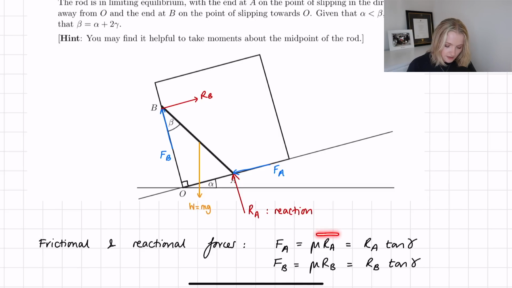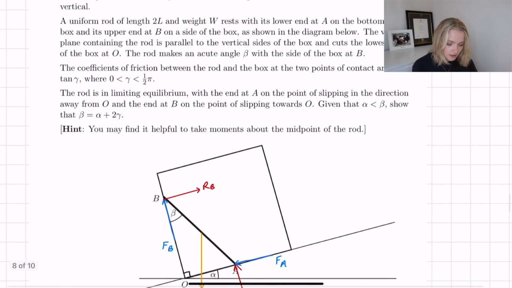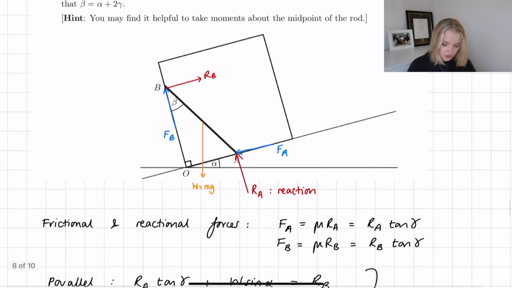So F of A equals mu multiplied by RA, where mu is the coefficient of friction. We're told in the question that the coefficients of friction are tan gamma, so we can just substitute mu for tan gamma, and we get these two equations for both A and B for the frictional and reactional forces.